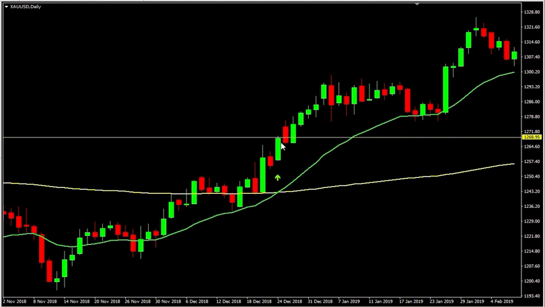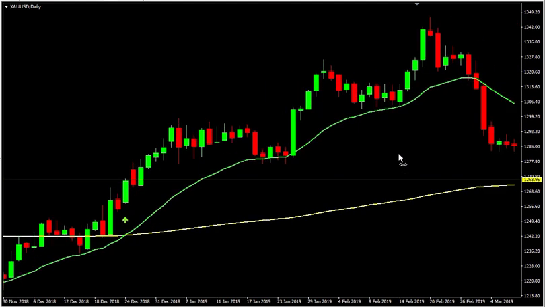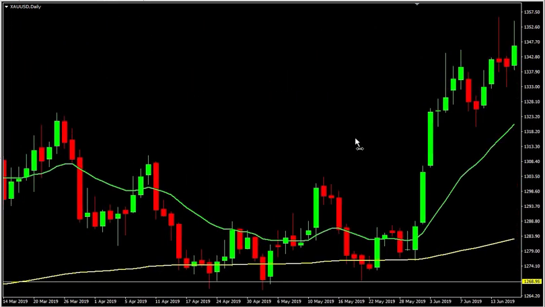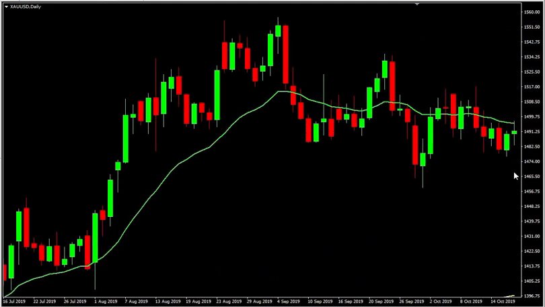So anyway, we bought it at 1268.95. Now let's stay in the trade until we find a signal to go short.